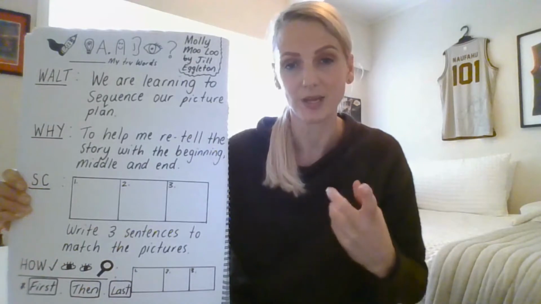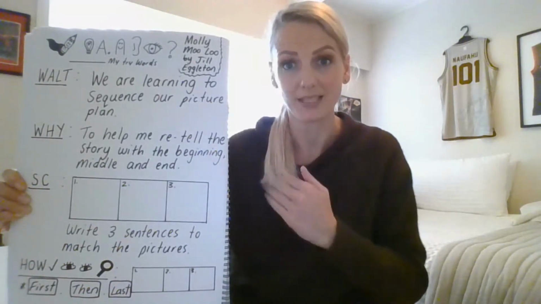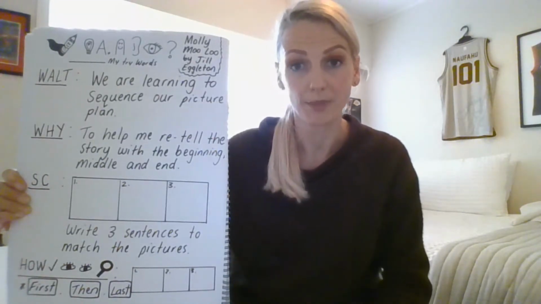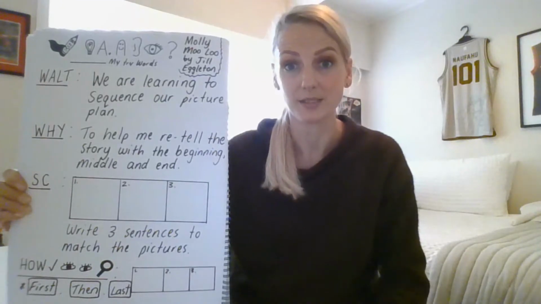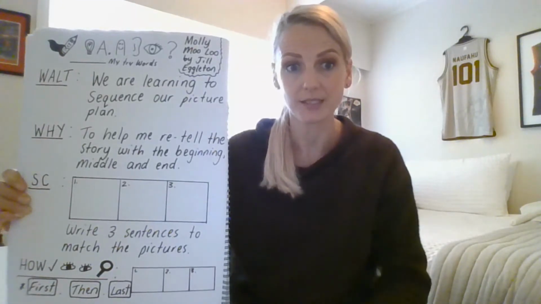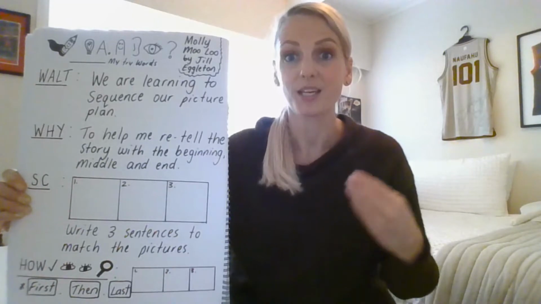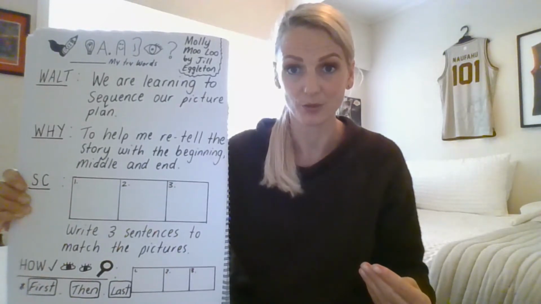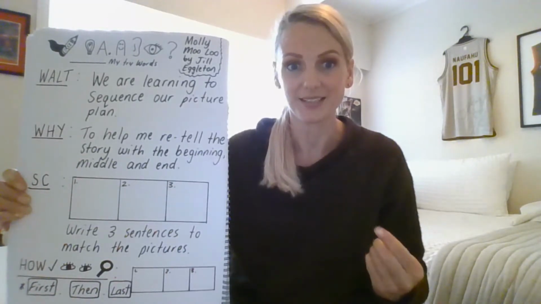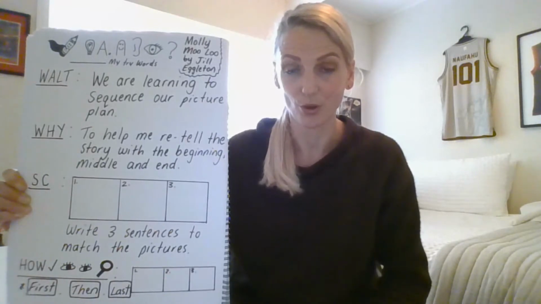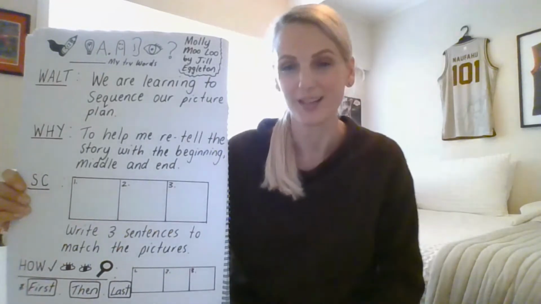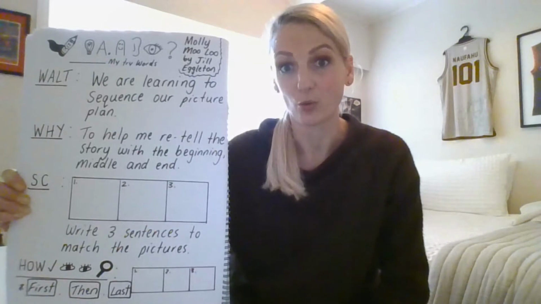Now those 3 words are going to be in your writing today, so have a little think about where they might come. What order might those words come in your sentence? So make sure your first sentence has one of those words, your second sentence has another one of those words, and your third sentence has another one of those words. So those are the things you are looking for today in your writing when you are all finished.